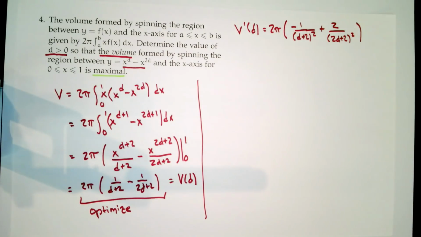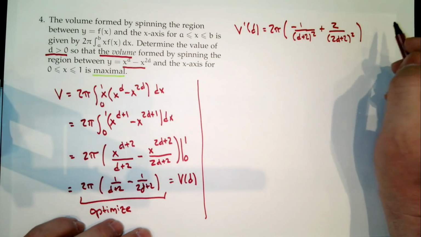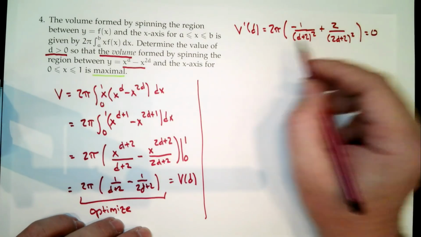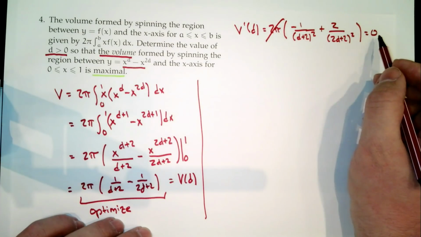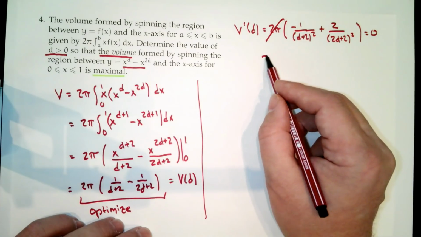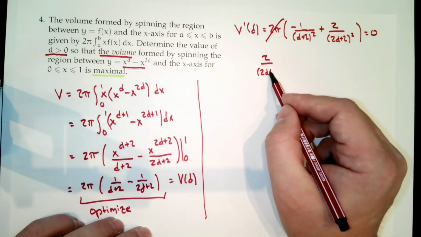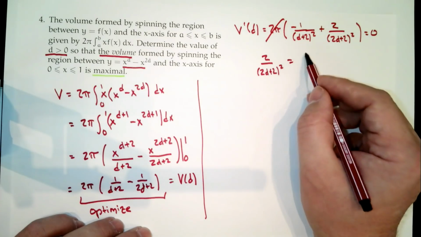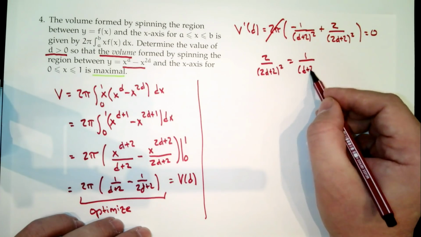All right, you've taken a derivative. What do you do next? Set it equal to 0. Optimization. Set up your formula, take a derivative, set it equal to 0, grab your answer. Okay, equals 0. Now the 2 pi doesn't matter because we can just divide out. So I have that the inside part equals 0, which says I really need 2 divided by 2 times d plus 2 quantity squared is equal to 1 divided by d plus 2 quantity squared.